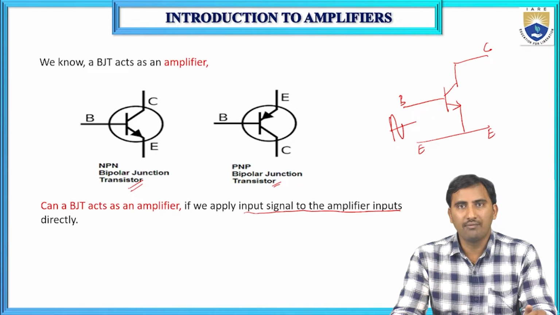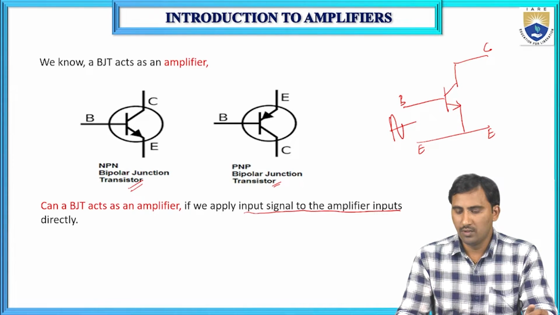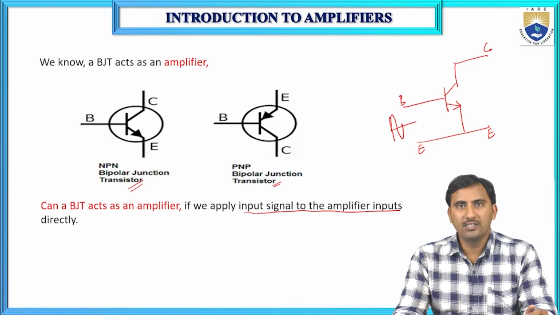We have three regions: active region, cutoff region, and saturation region. So this BJT should operate in one of the regions so that it will be in the active region. If the BJT is operated in the active region, then only it can act as an amplifier.